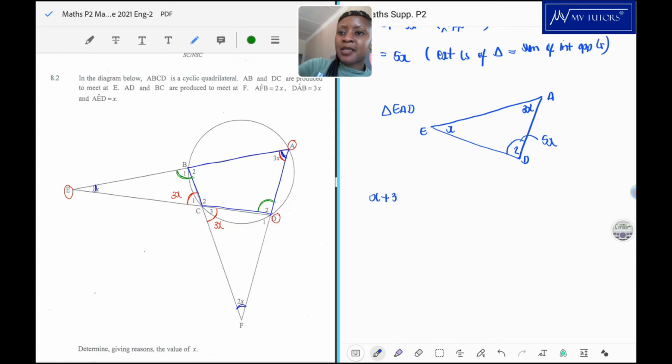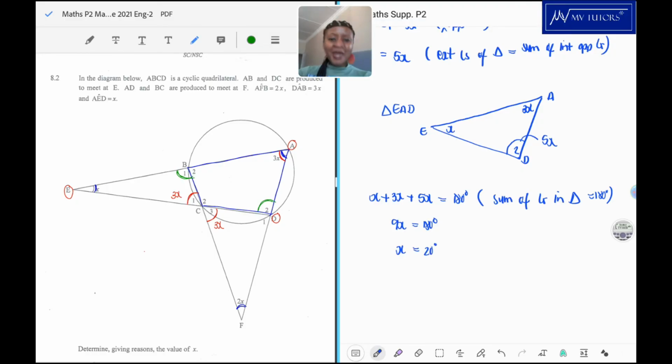So then x plus 3x plus 5x, that is equal to 180. And then we know that sum of angles in a triangle equal to 180. Okay, so we have 4x plus 5x, that is 9x, that is equal to 180. Therefore, x is equal to 20 degrees.